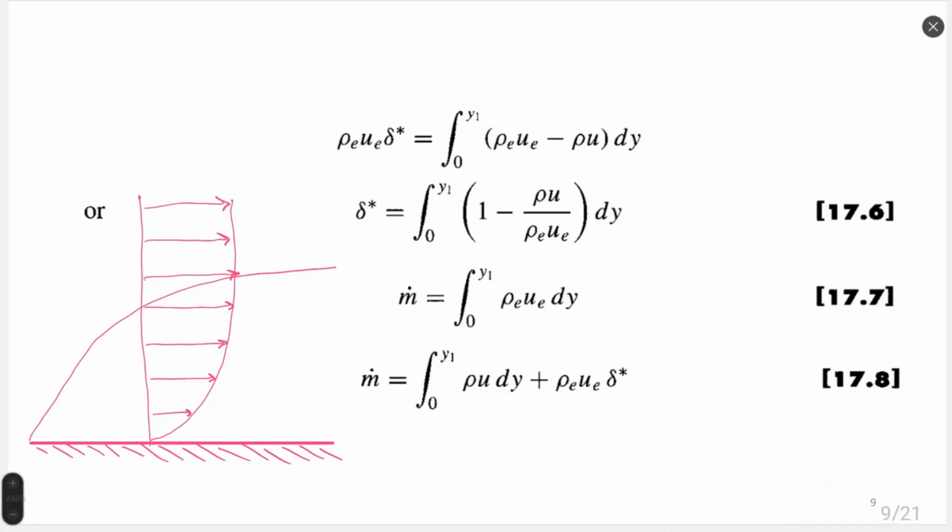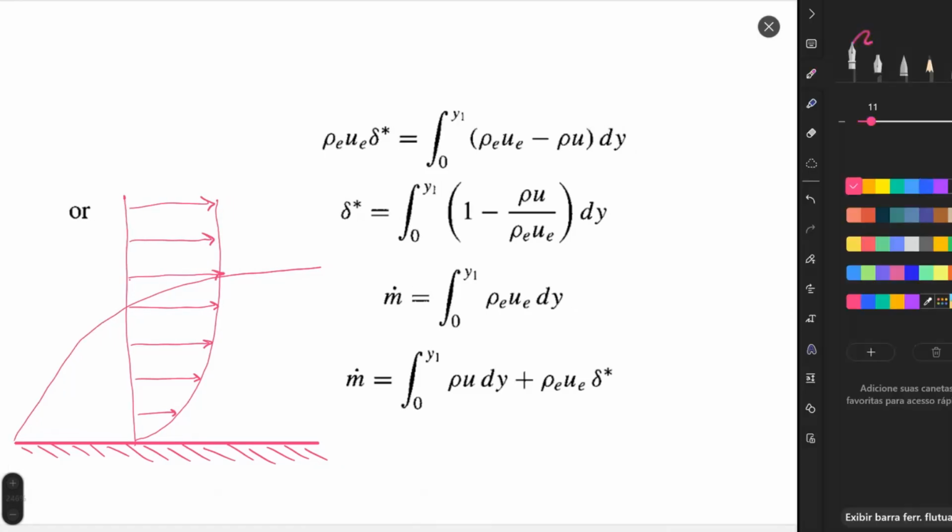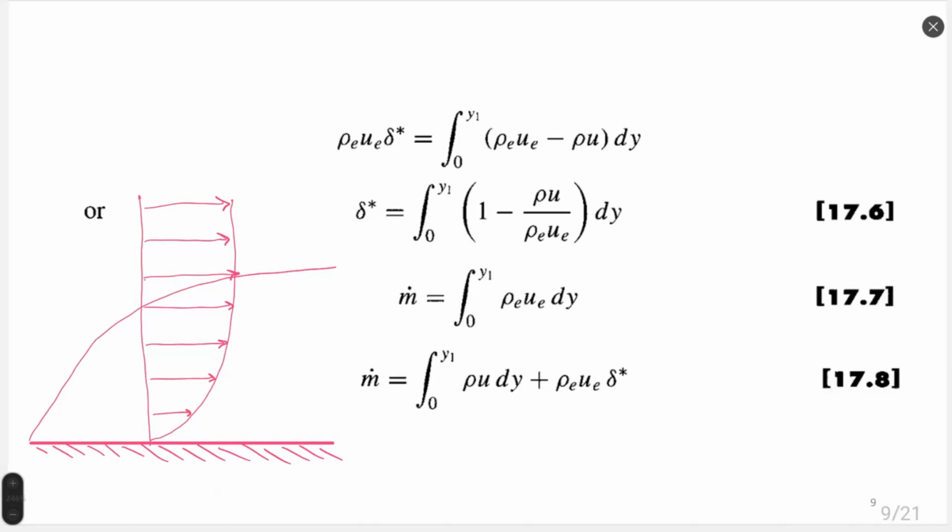So with another color, let me make a small modification here. Everything inside this red zone, inside this velocity, I will substitute by a rectangle. Okay, something like this.